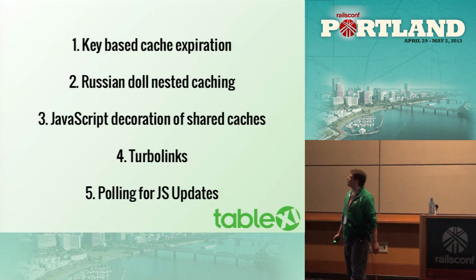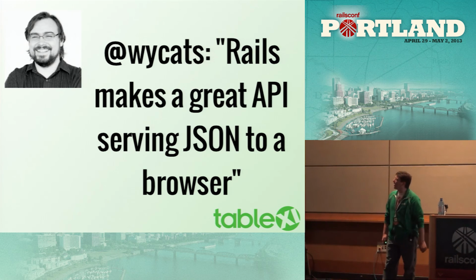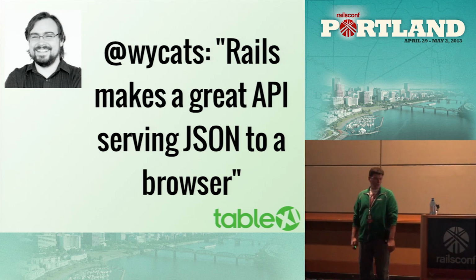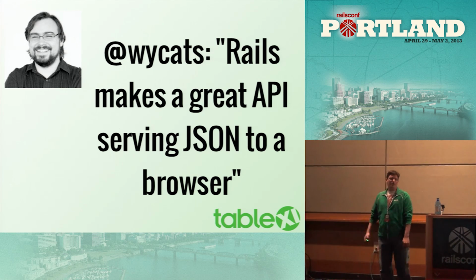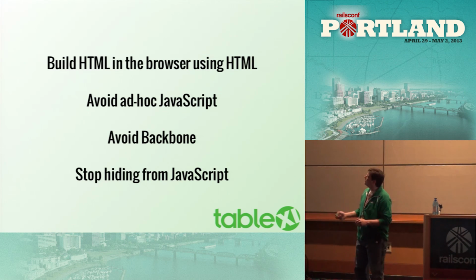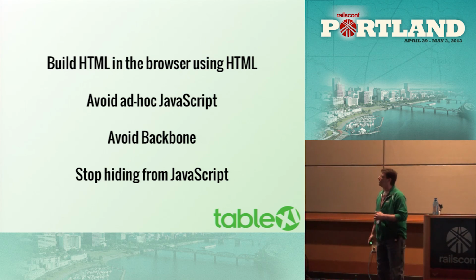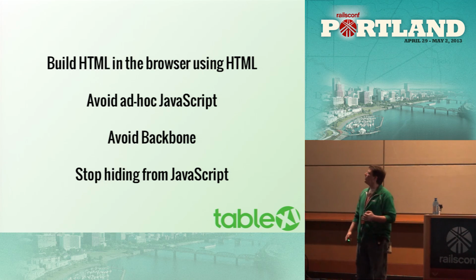So I come here the next day and I see Yehuda just an hour ago. Rails makes a great API for serving JSON to a browser, and the locus of innovation is in the client. And he suggests that you should build HTML in the browser using HTML. That's what I get for quick editing my talk in the slot between the last keynote and now.